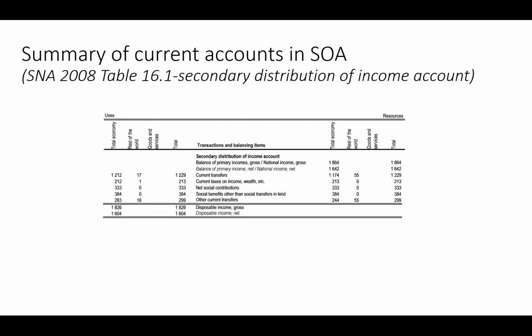So the secondary distribution of income account starts with the balance of primary income, gross and net. And it has its own values on current transfers, current taxes on income, net social contributions, social benefits other than social transfers in kind, and other current transfers. And the balancing item here is disposable income, gross and net.